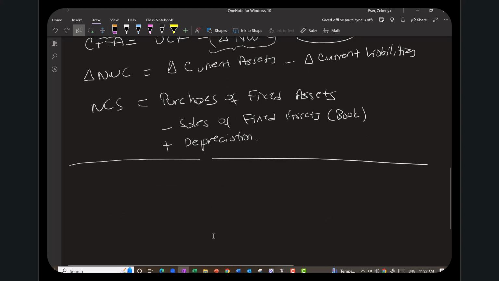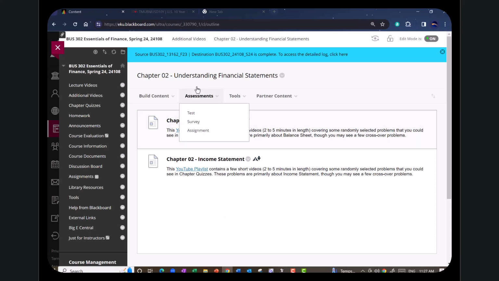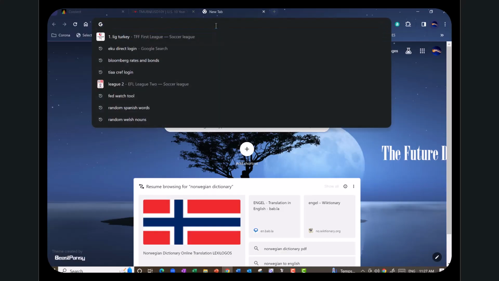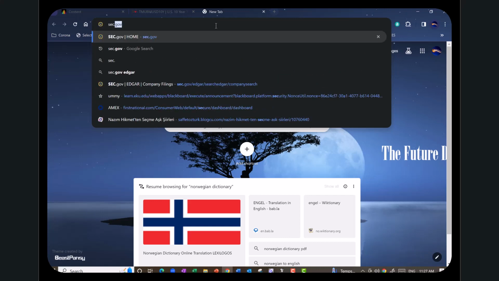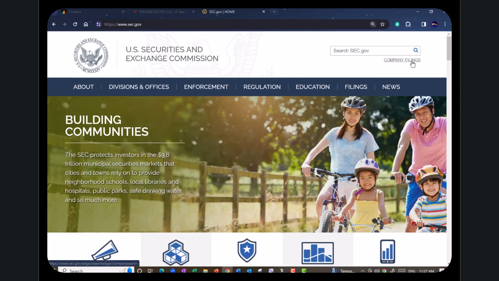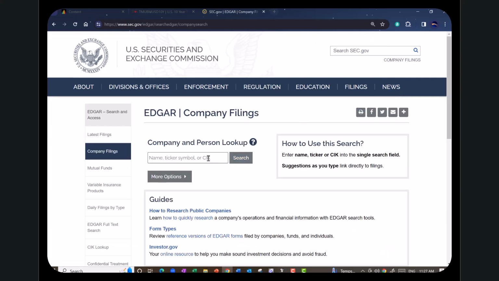Now, let's briefly look at some of those numbers in an actual balance sheet. I'm going to go ahead and download GE's numbers since I talked about it. They're at sec.gov. Okay, zoom down so that I can get company filings.